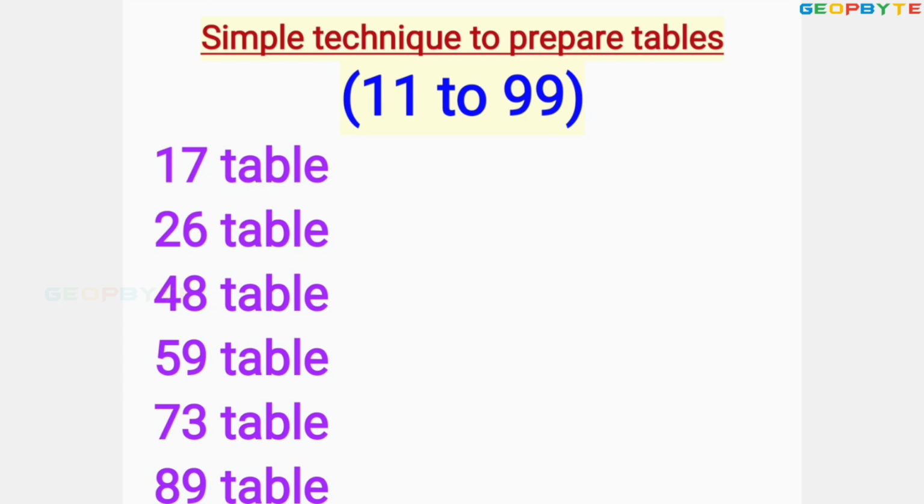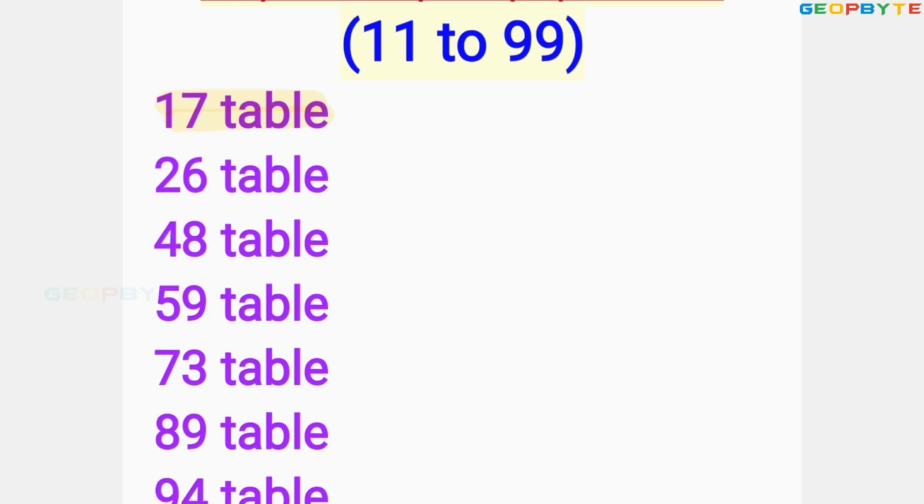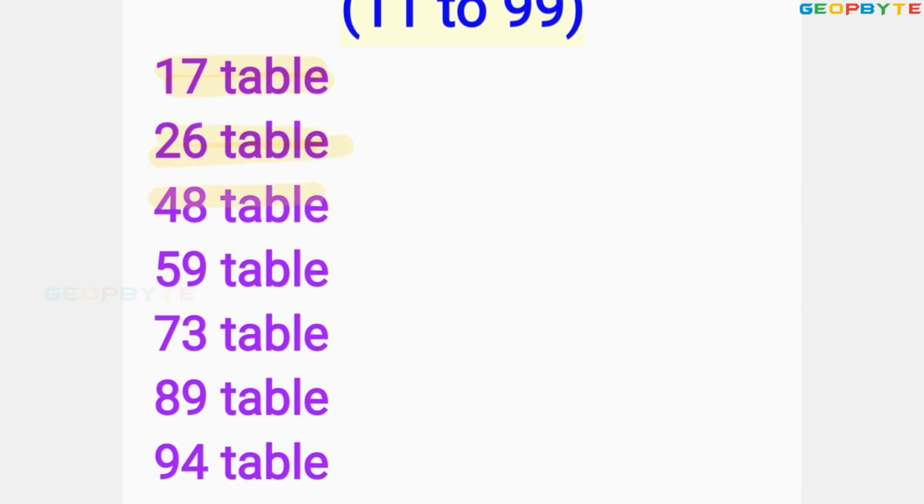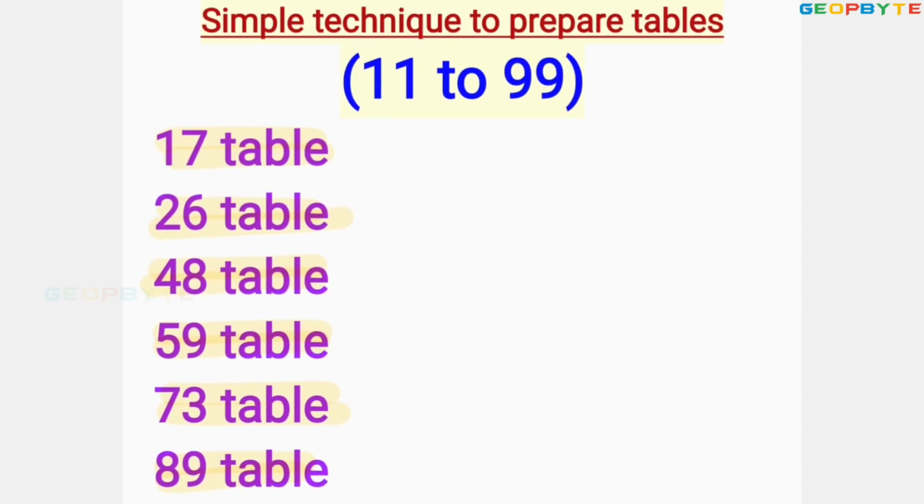Welcome to the GeoByte. In this video, let us discuss a simple technique to prepare tables from 11 to 99, like 17 table, any table, 26 table, 48 table, 59 table, etc. It is very difficult for you to remember 89 table, 94 table, etc. That's why in this video, let us discuss the simple, very easy technique, how to prepare the tables from 11 to 99.